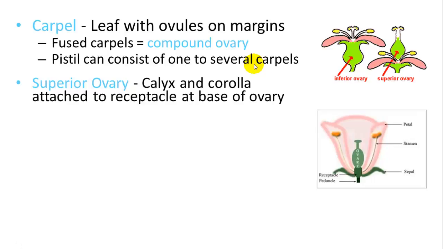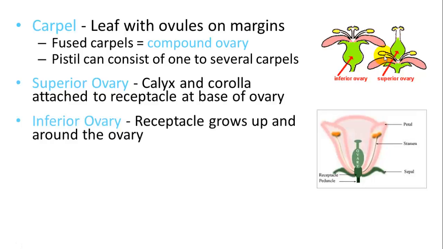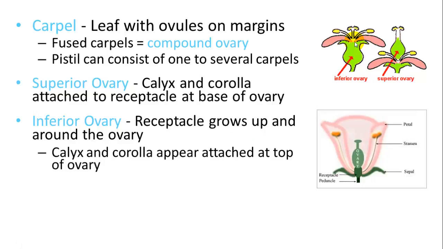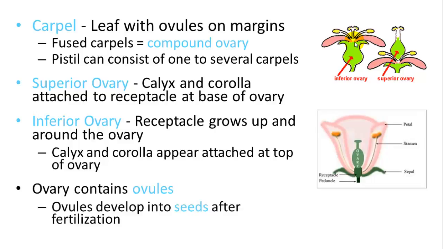A superior ovary sits above the flower parts, the petals and sepals and stamens. An inferior ovary has the receptacle below the flower parts. The ovary also contains ovules, okay, which develop into seeds after they've been fertilized.